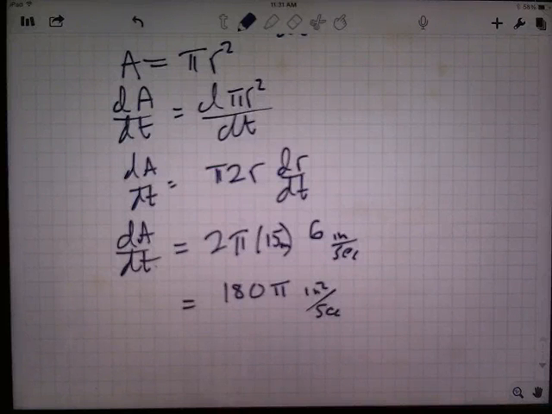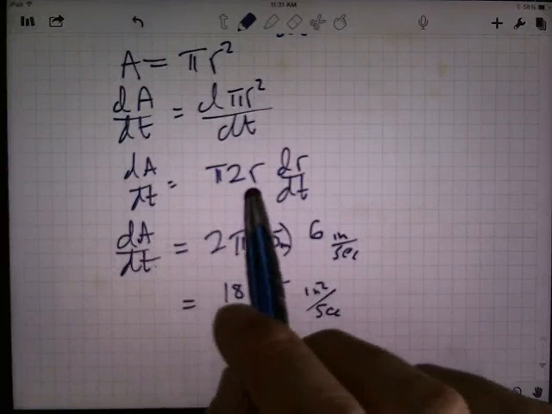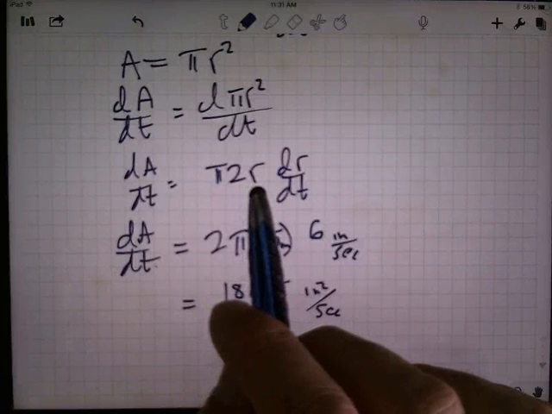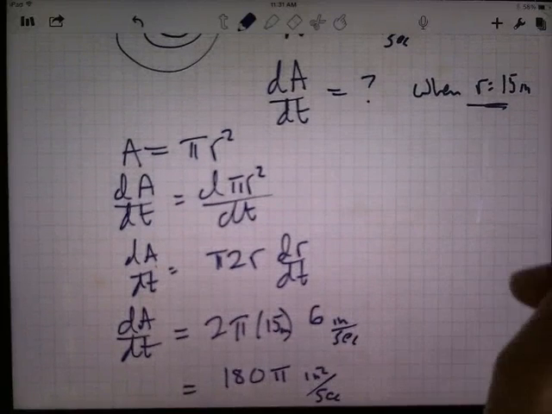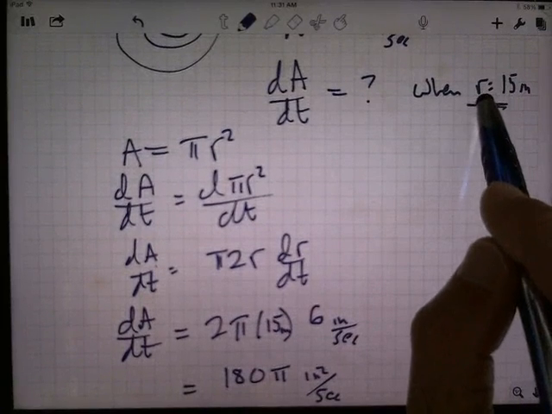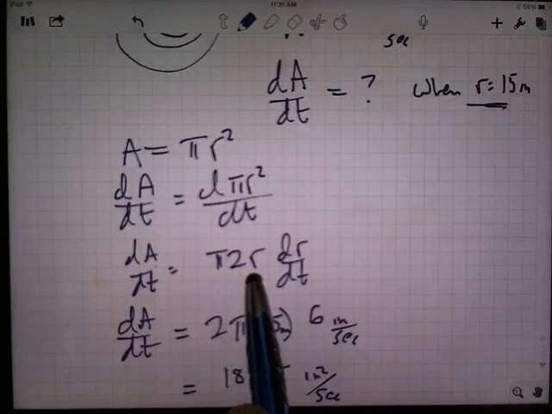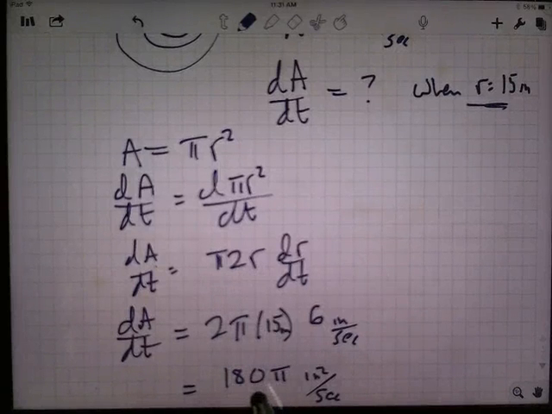One thing I want to point out is that this was a function of r over here as well. This indicates that if I had asked the question, how about when r is equal to 2, it would have been plugging a 2 in here, and I'd have gotten a substantially smaller answer.